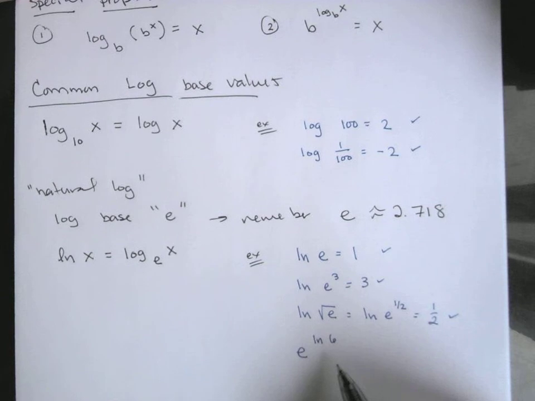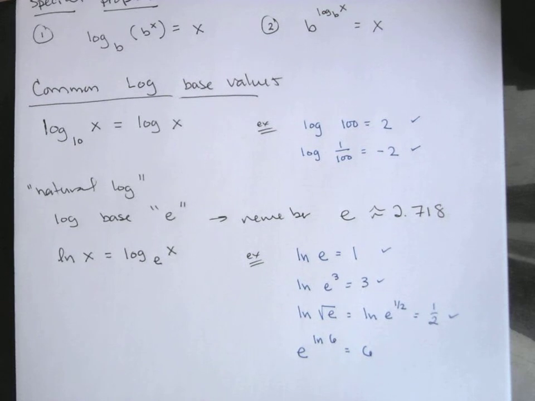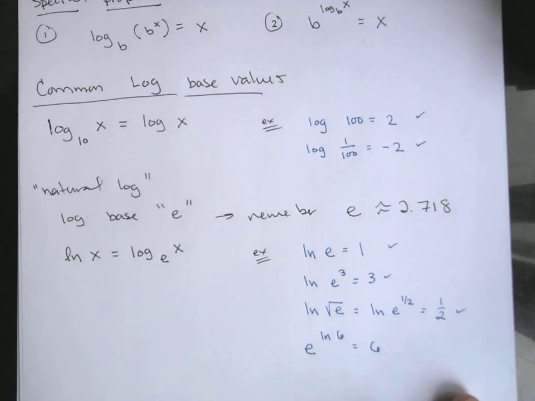Not a super close relationship to the number 6 by any means, but if I take e and I raise it to natural log 6, that's going to get me back to this 6. So the e and the natural log have this inverse relationship, and in the right setup will cancel each other out. And it will do things like this.